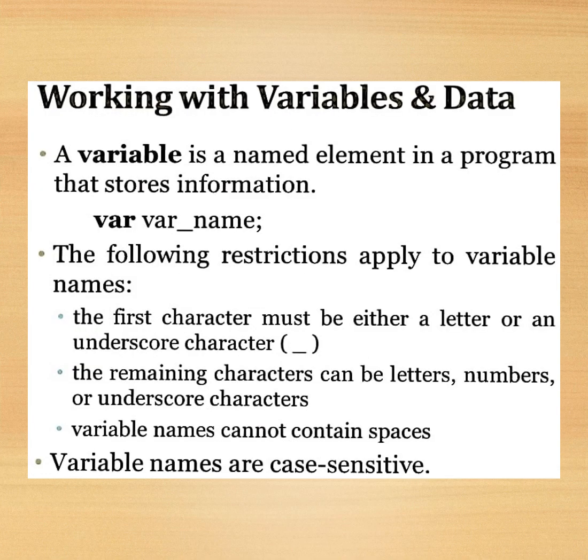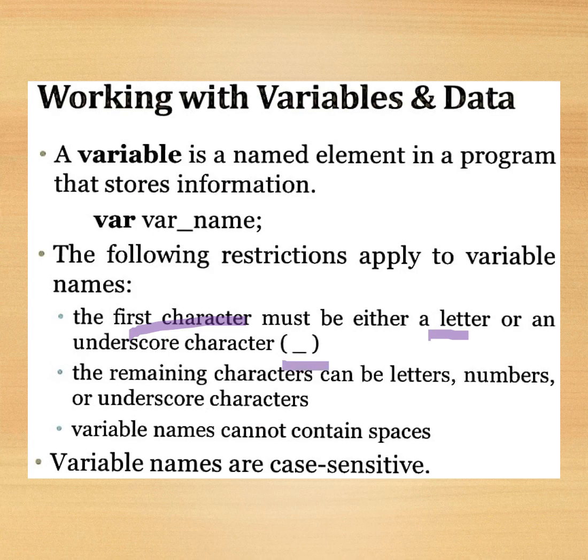Working with variables and data. A variable is a named element in a program that stores information. Where name is nothing but variable. The following restrictions apply to variable names. The first character must be either a letter or an underscore.